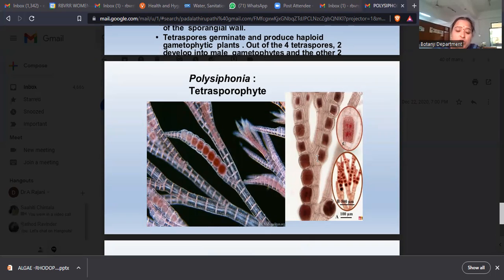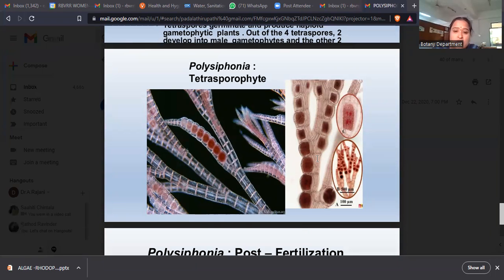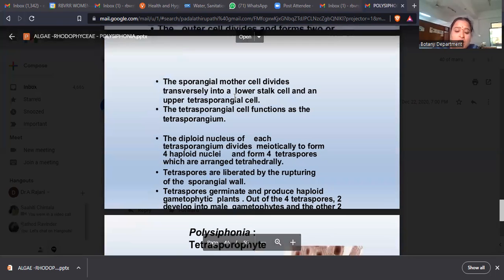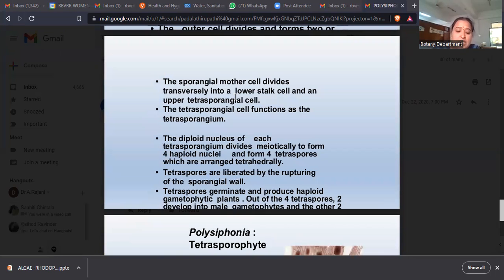It reproduces asexually by means of non-motile haploid spores called tetraspores. Tetraspores are produced in spherical diploid reproductive structures, the tetrasporangia. These develop from the pericentral cells, which behave as tetrasporangial initials.